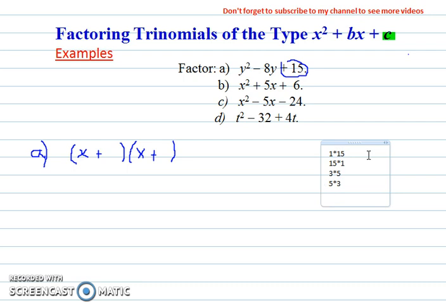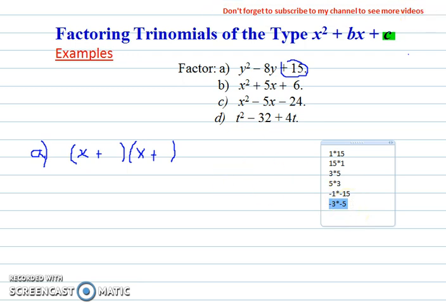For example, -1 times -15, -3 times -5, and we need to correct this, -5 times -3. But from all of this, when you add them, you see that it's only this one, -3 and -5, that works. When you add these two numbers, it gives you -8.